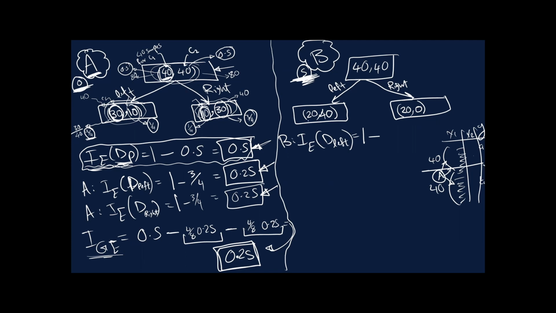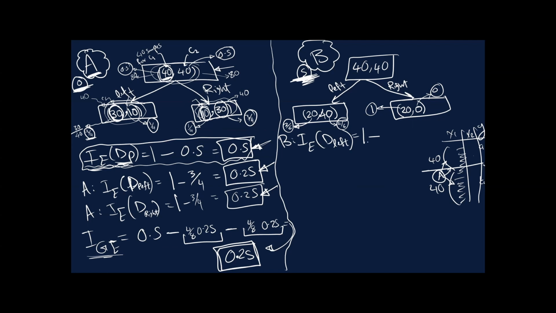So again, this would be 20 over 60, the ratio of that, so 2 over 6. And this one 4 over 6. And this one will be 20 over 20, so a probability of 1. And this 0 over 20, probability of 0.